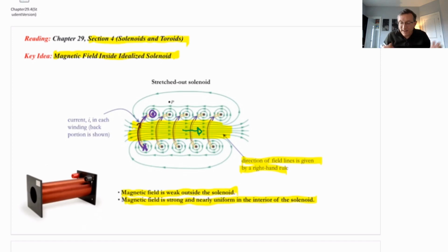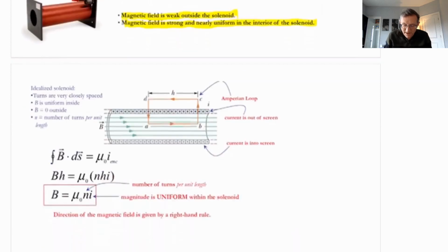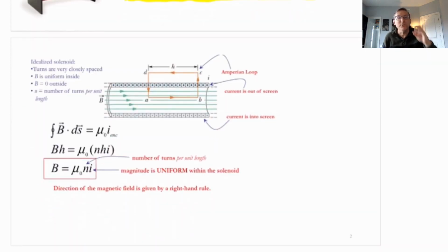Now we're going to study what's called an idealized solenoid. And here's the next schematic of that. It's another cross-sectional view. And here what we're idealizing the solenoid to be is a whole bunch of circular turns, one beside the other, going down the line. And we're seeing just the back half of each turn in this cross-sectional view.